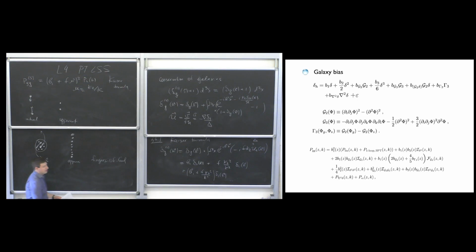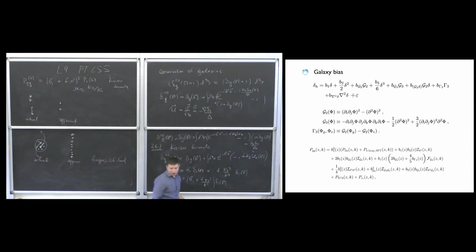Yeah, so what happens in the EFT is that the shell crossing in dark matter is captured by the stress tensor. Well, basically the idea is that we're going to use the large scale coarse grained velocity field that doesn't undergo shell crossing. And then the effects of shell crossing are incorporated by the stress tensor effectively, right?